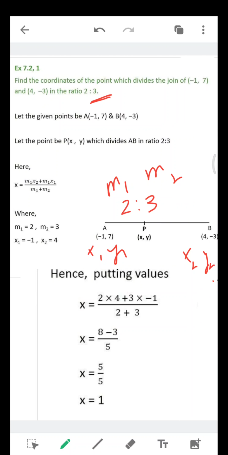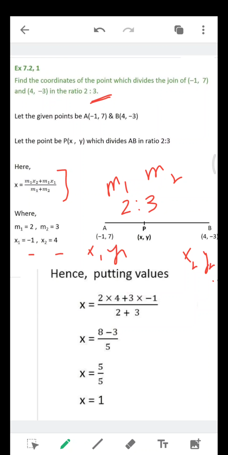Let the point be P of x comma y. This is divided in the ratio 2:3, so m1 m2 is 2 and 3. I need x1 x2 in the formula m1 x2 plus m2 x1, so x1 x2 is minus 1 and 4.